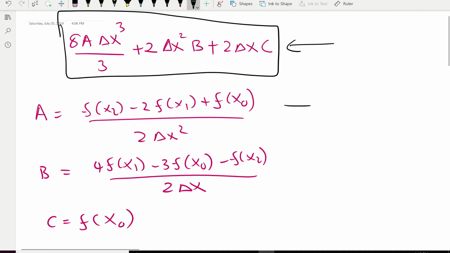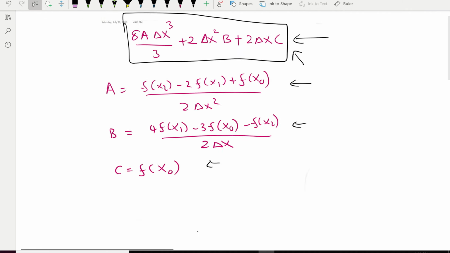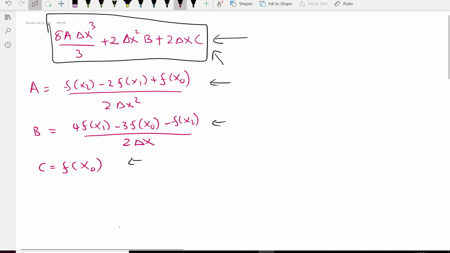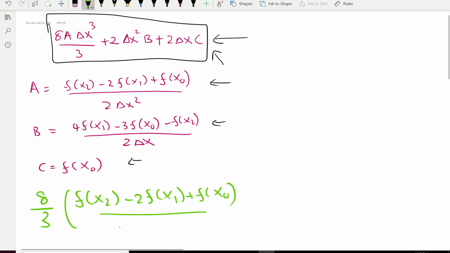Now we know the formula for A, B, and C. So let's substitute A, B, and C into this big formula to figure out the area under the parabola within the first two subintervals. Okay, let's do this really carefully. So it's going to be 8 over 3. A is f(x2) minus 2f(x1) plus f(x0) divided by 2 delta x squared, times delta x cubed plus 2 delta x squared.